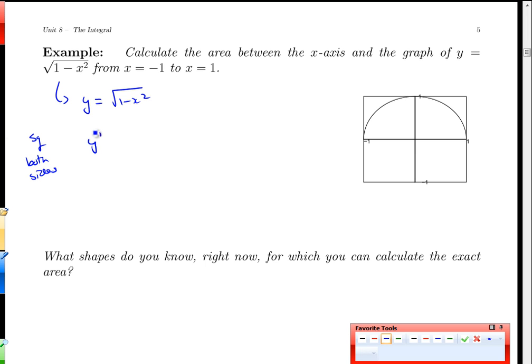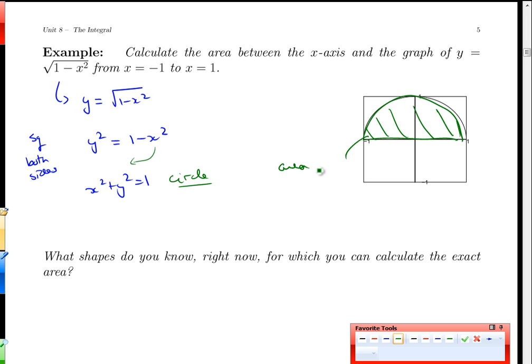If we do that, we get y squared is 1 minus x squared, and let's just bring that over to the other side. X squared plus y squared equals 1. That is the equation for a circle. And so the part of this graph that we're talking about here is the top half of a circle.